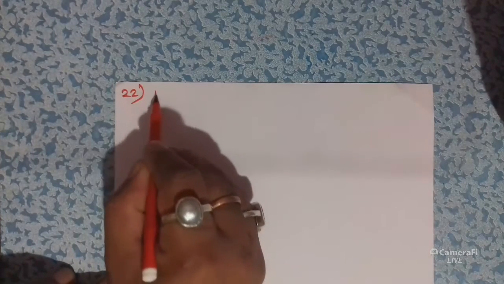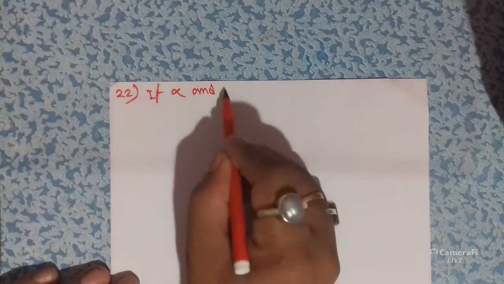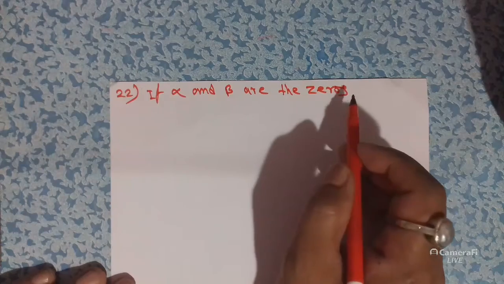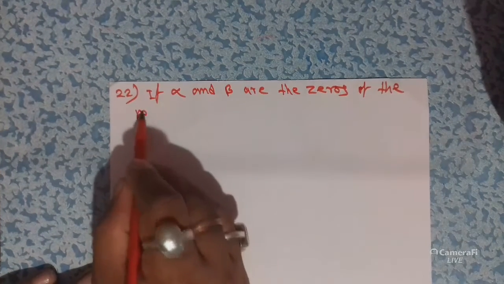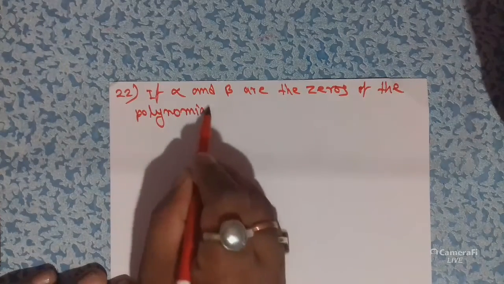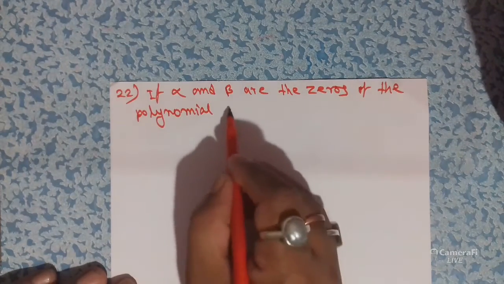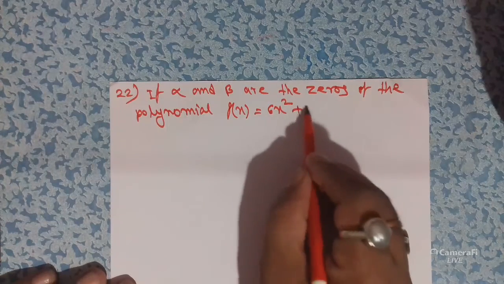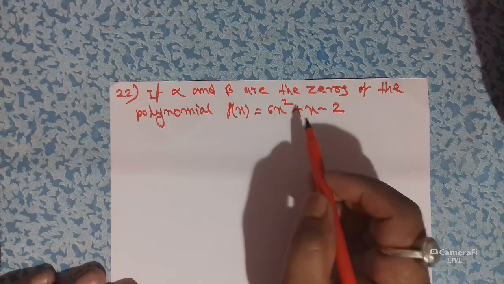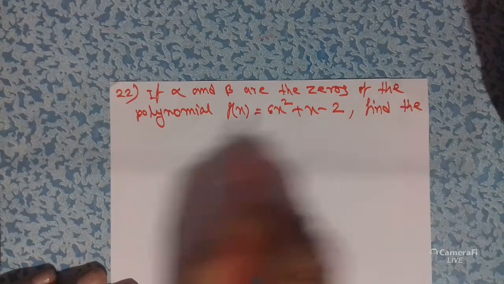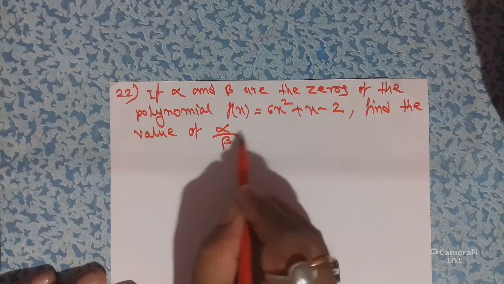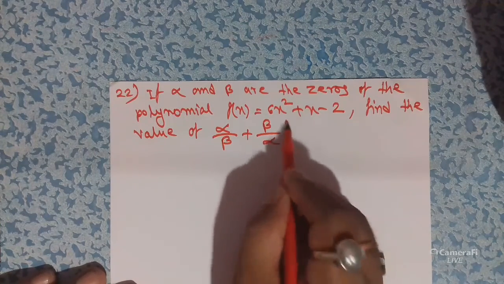Question number 22. If alpha and beta are the zeros of the polynomial f of x is equal to 6x square plus x minus 2, find the value of alpha by beta plus beta by alpha.